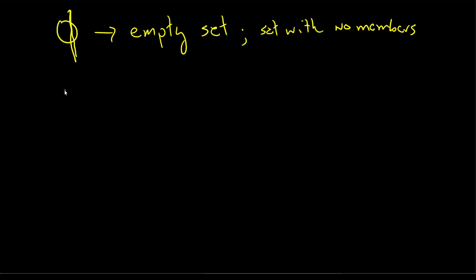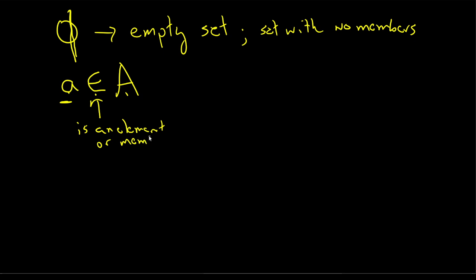Now I can say a is an element of set A. So we can say a is a member of set A. Notice this is saying is an element or member. And so we have created some symbology now that we can use to talk about these things.